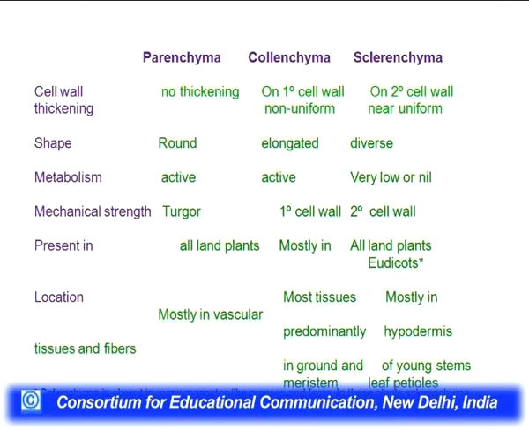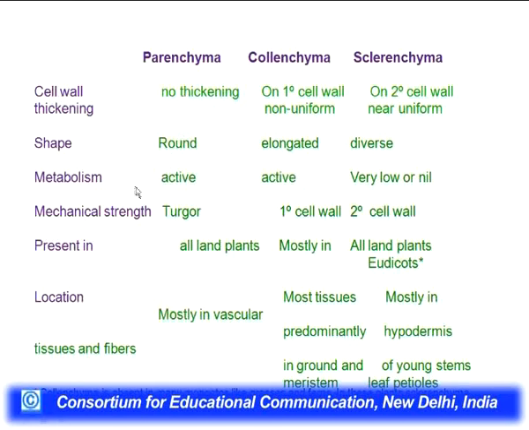So, they do not tear up, and Collenchyma are very important for giving support to young tissues like soft stems, leaf petioles and so on. On the other hand, Sclerenchyma cells have thickening on the secondary cell wall. That means the thickening takes place inside the primary cell wall, and that takes place when cell expansion is completed.